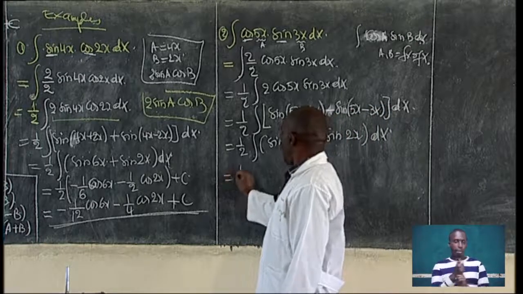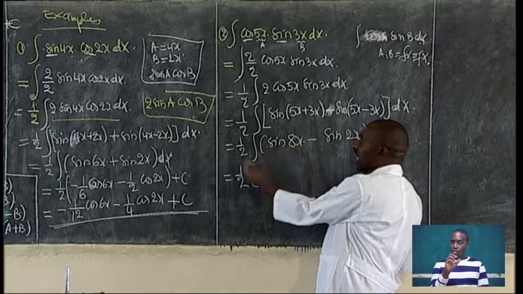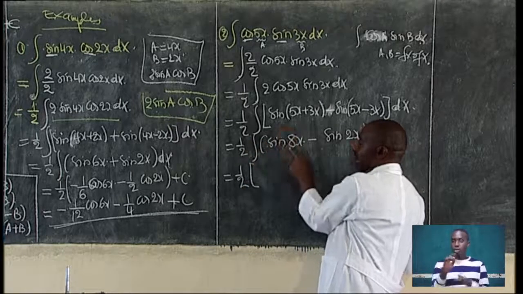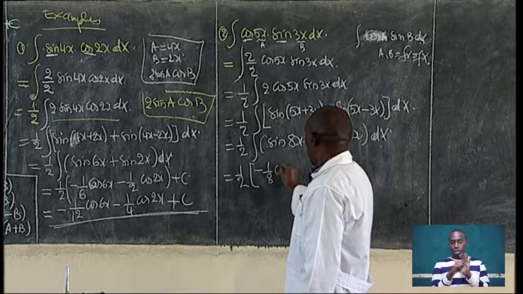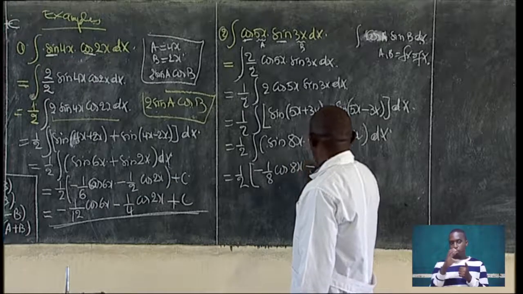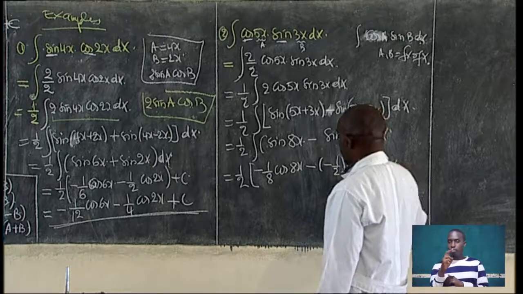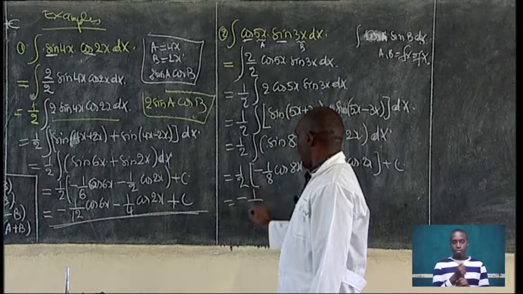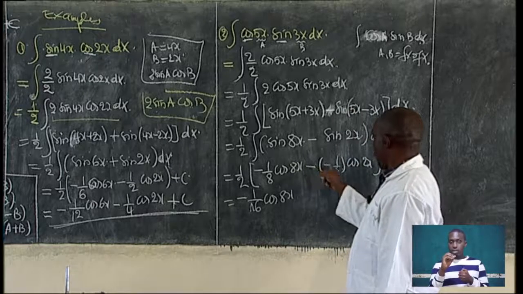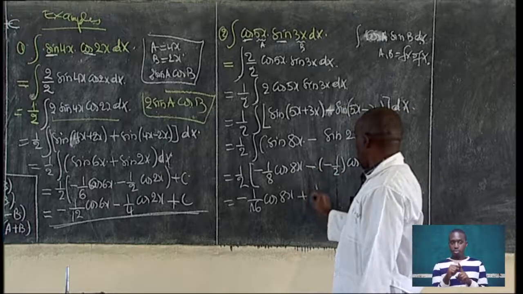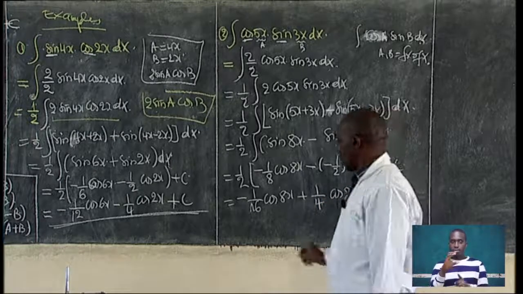So we'll be having a half times, as we have a function in sine, its integral will be minus 1 over 8 cosine of 8x, minus, then minus a half cosine of 2x plus c, and I get 1 over 16 cosine of 8x. This is positive, yes, that is plus 1 divided by 4 cosine of 2x plus c.